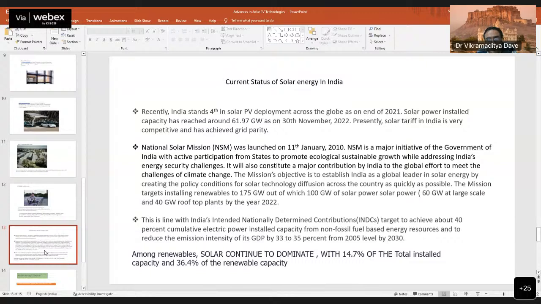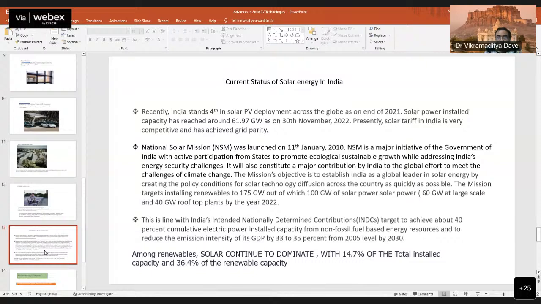But in 2014 it was revised, and now we have a target of 175 gigawatt of renewable, out of which 100 gigawatt will be through solar power plants, 60 gigawatt through large scale and 40 gigawatt through rooftop plants by the year 2022.